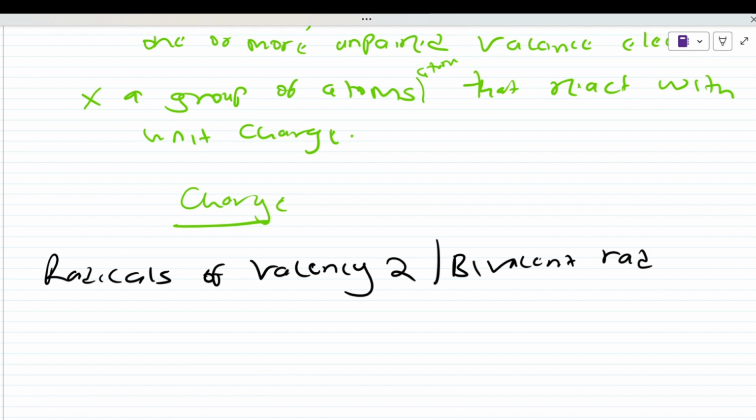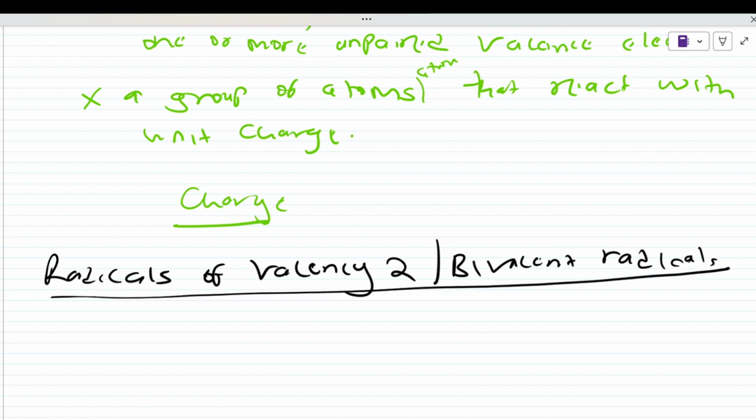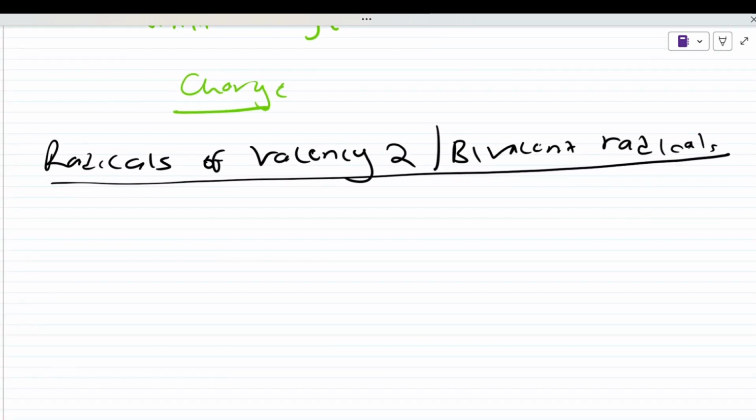We call them bivalent radicals. And I have a variety of examples, just to minimize space.